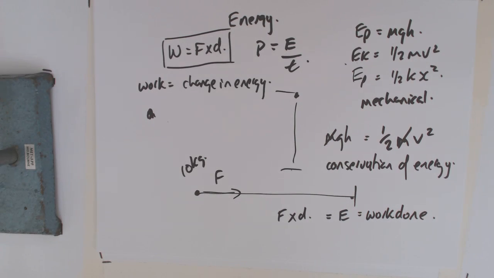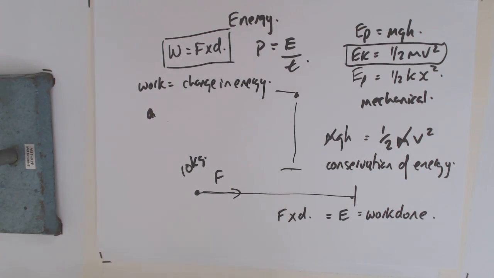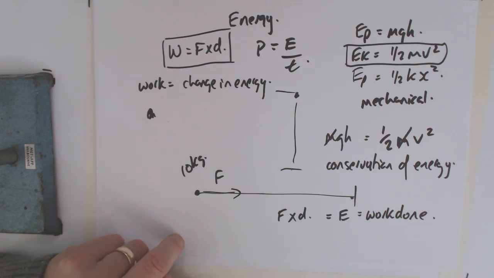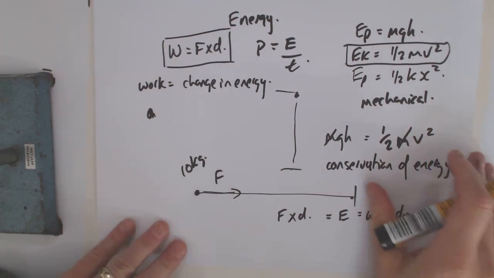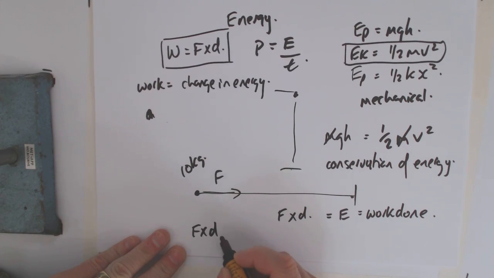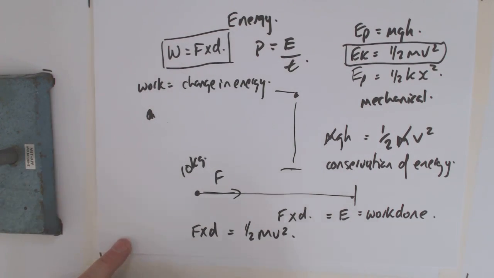And what you'll find, and this is really cool, is that when a net force acts on an object, it's going to cause an acceleration, and an acceleration is going to cause a change in velocity, and a change in velocity is going to cause it to have a kinetic energy. What I said there was not that clear, was it? Basically, force over that distance is going to give you kinetic energy, half mv squared. So again, we could work back and figure out the velocity.